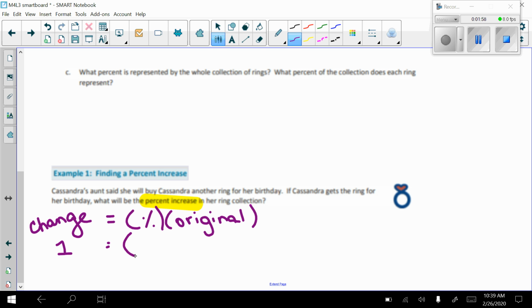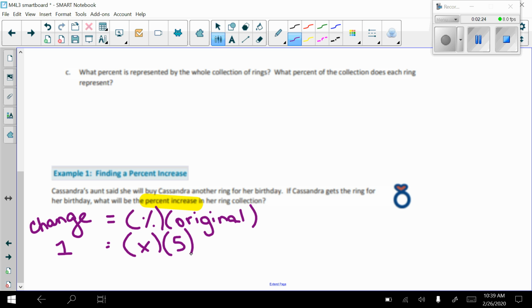And that equals X percent, because it wants to know the percent increase. What was the original number of rings she had? If you read up at the top, I highlighted it. She currently has her original amount, her starting amount is 5 rings. Right, so there's our equation.